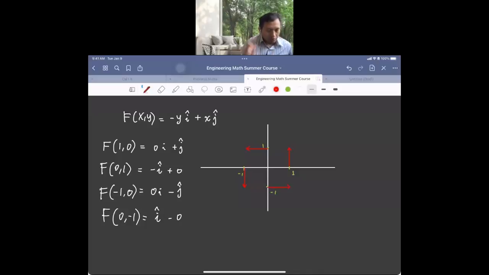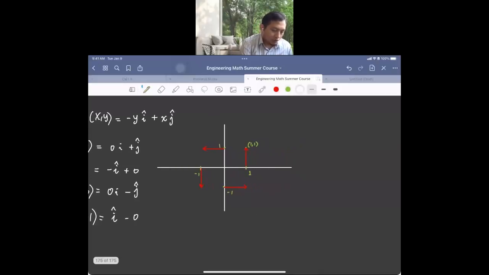Okay, so that's some of the points, and maybe increase a little bit more, maybe start with this point 1, 1. So F(1,1) is negative i plus j, so we have negative i and plus j.